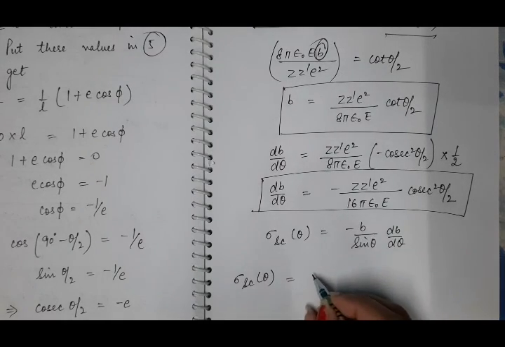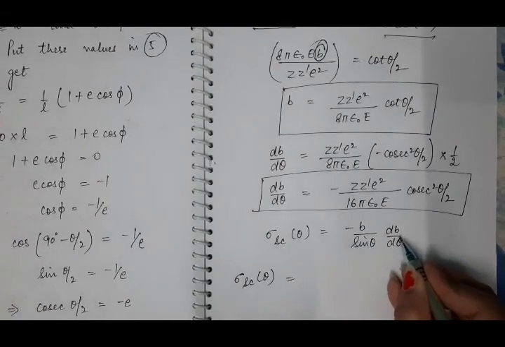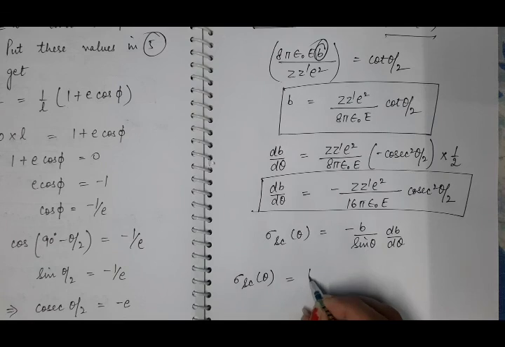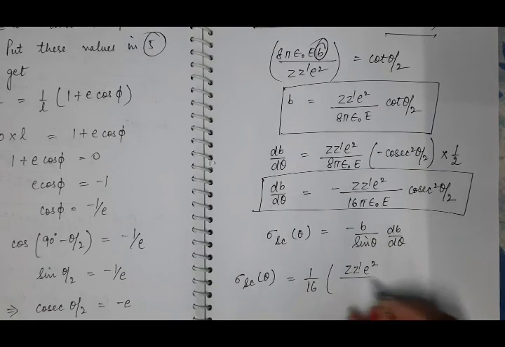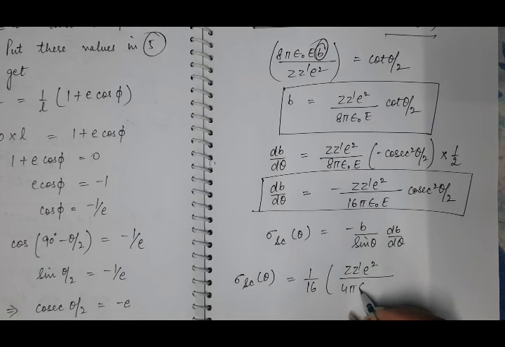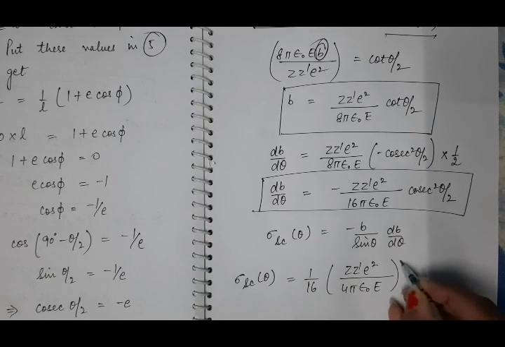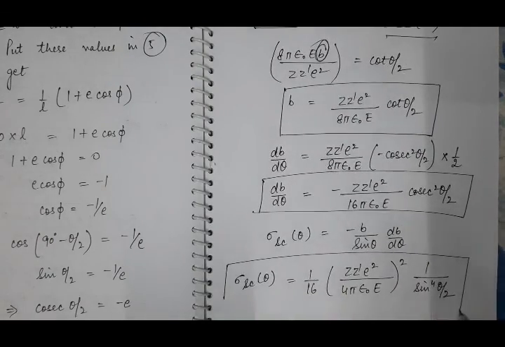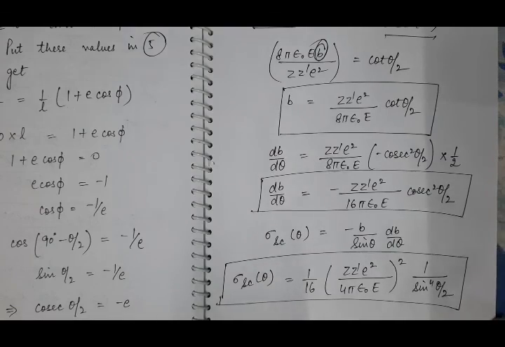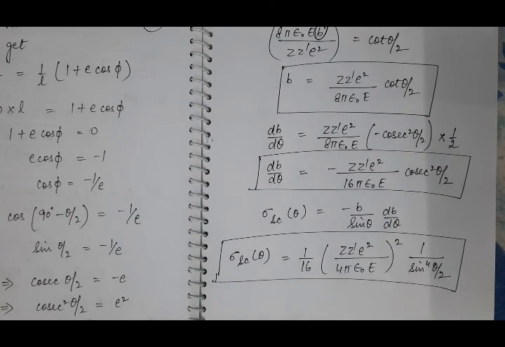By putting the values of b and db by d theta, you get 1 by 16 into (Z dash e square upon 4 pi epsilon naught E) whole square into 1 by sine raised to power 4 theta by 2. So this is the expression for the differential scattering cross section in case of Rutherford scattering.